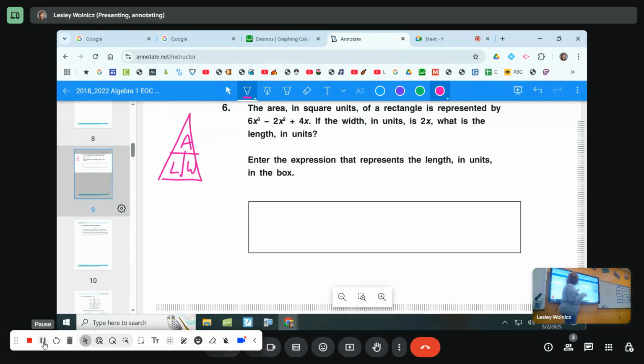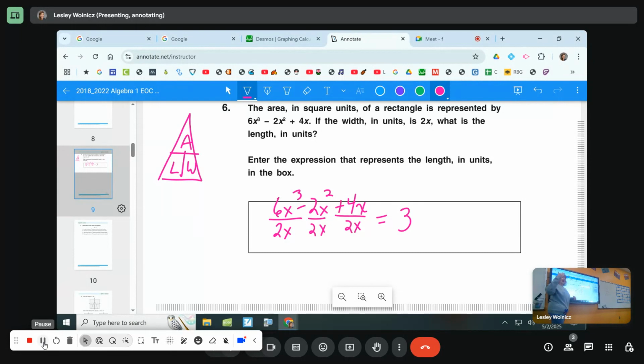So if I write this down, I have 6x cubed minus 2x squared plus 4x. And we have to divide each one of those by 2x. Now, numbers, we're still okay with. What's 6 divided by 2? 3x squared.